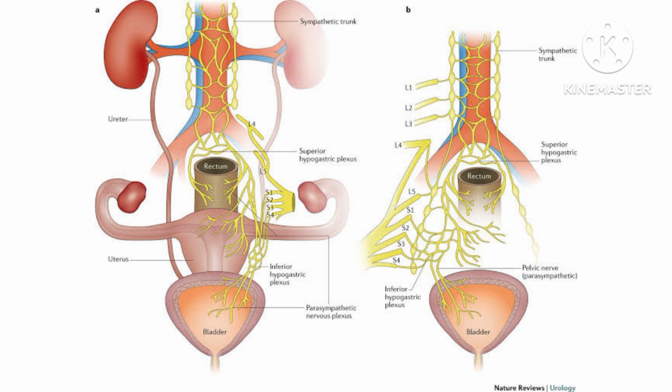Preganglionic sympathetic stimulation comes from T10 to L2 fibers. The aorticorenal, superior, and inferior hypogastric autonomic plexuses give rise to the postganglionic fibers. Meanwhile, S2 to S4 sacral pelvic splanchnic nerves provide ureteral parasympathetic innervation.